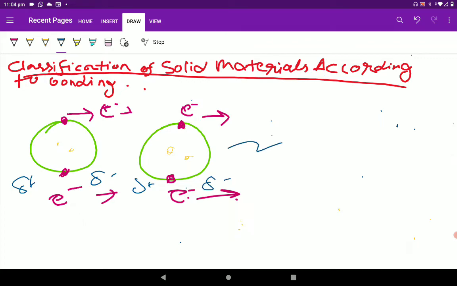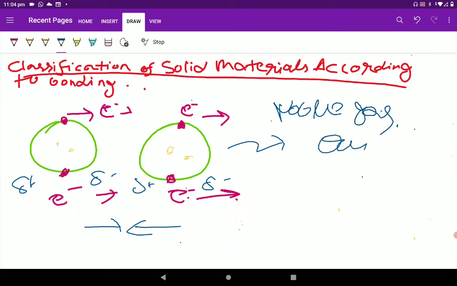So this is the representation of the noble gas crystal, and they will cancel each other.